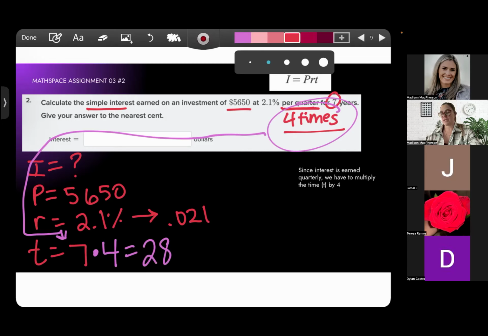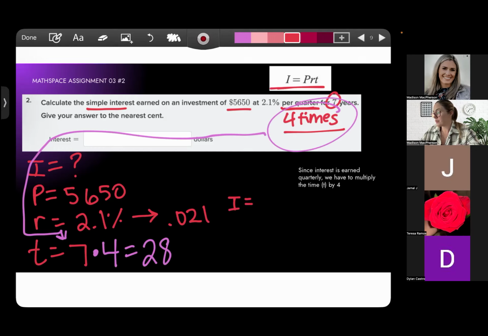And now we just plug everything into our formula that we have right up here. So we have I equals P, which is 5650, times 0.021 times 28.